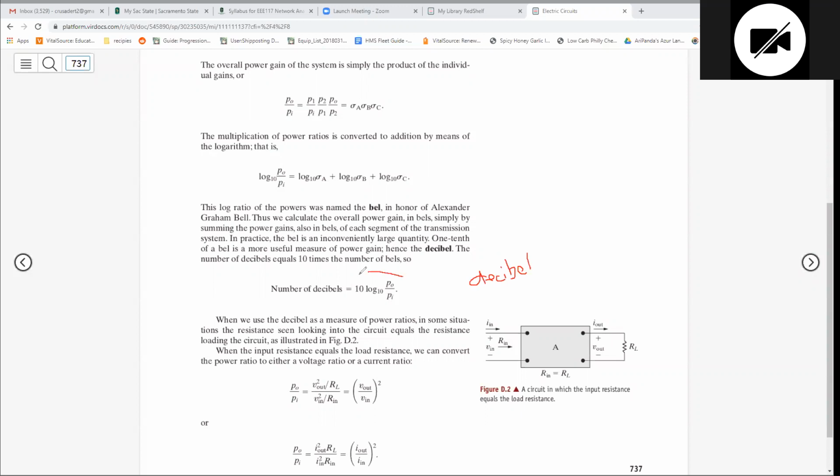Where decibel is 10 log of P out over P in, okay? Which is 1/10 of a bell, right? And to this day, we use dB, right? dB stands for decibel. You can't technically use just bell, but you're going to shift the decimal point to the left one time, okay? So pretty much stick with dBs because that's what people are used to, right?